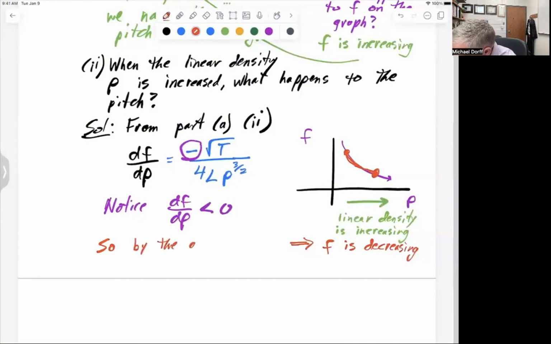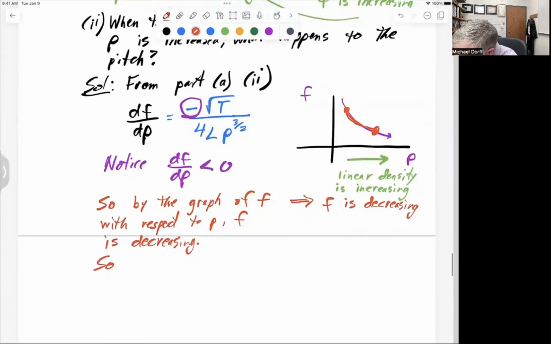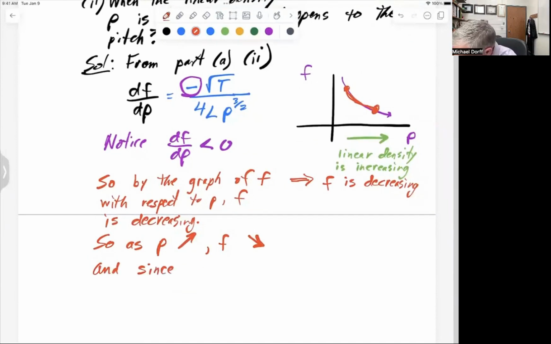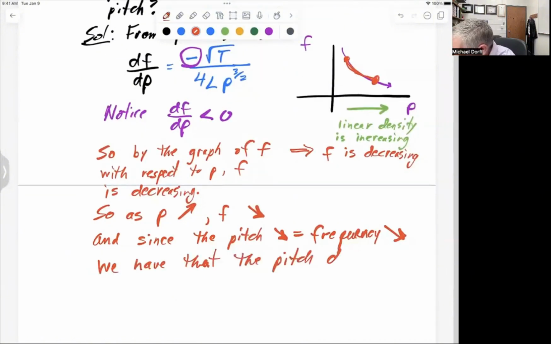By the graph of f with respect to rho, f is decreasing. So as rho increases, f decreases. And since the pitch decreases when the frequency decreases, we have the pitch decreases, which is just what we thought would happen, right? If I have a thicker string, then the pitch is lower.